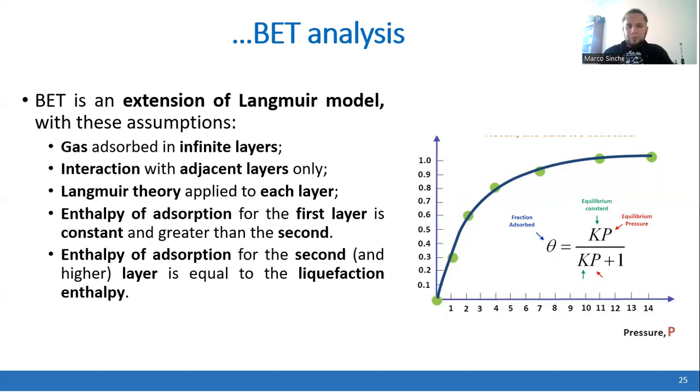The enthalpy of adsorption of the first layer is constant and greater than the one in the second, and this is greater than the one in the third layer, and so on. Also, the enthalpy of adsorption of the second layer is equal to the liquefaction enthalpy, and this applies also to the next layers.